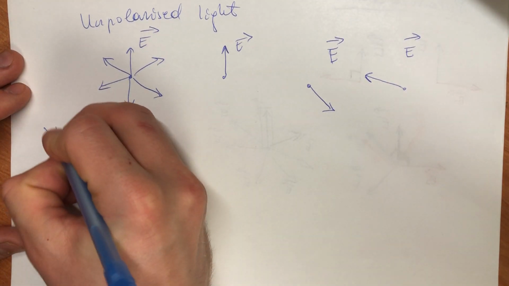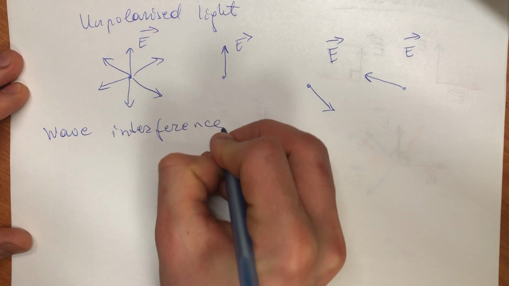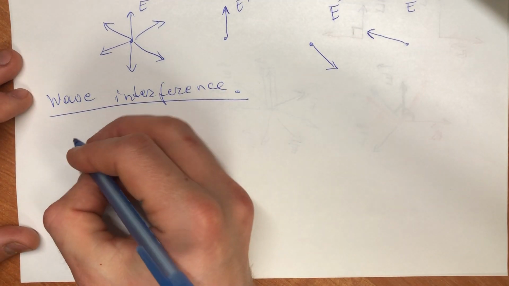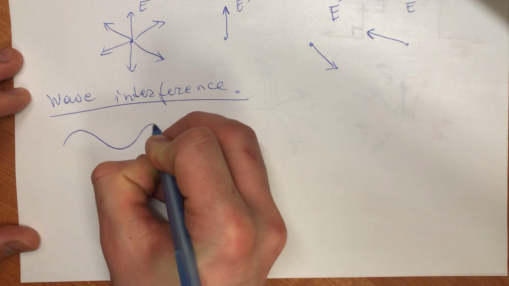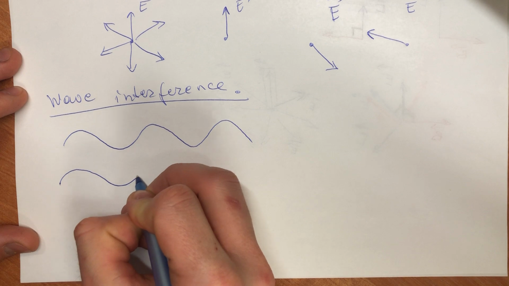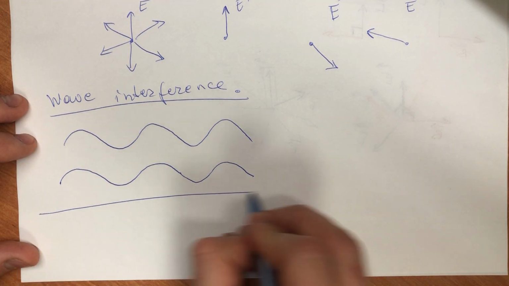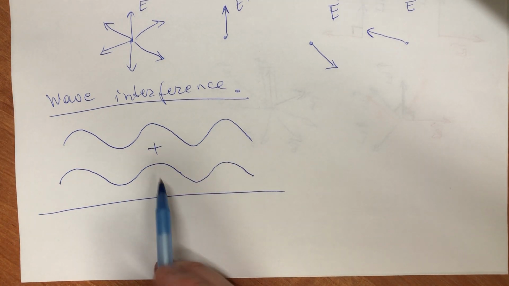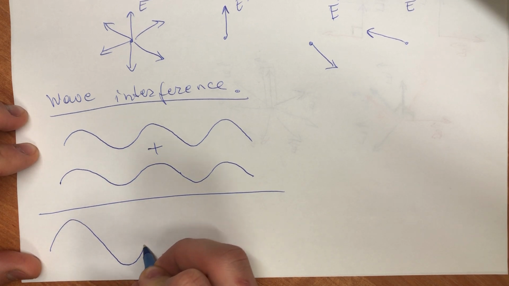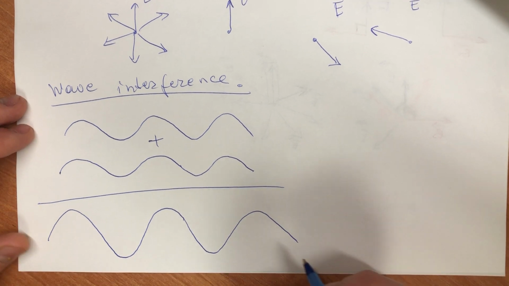Now another thing is called wave interference. As with mechanical waves, there are two types of interference. One is constructive interference, when the points of maxima and minima correspond to each other, and these waves add up.